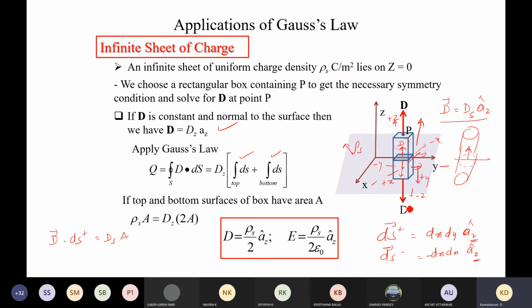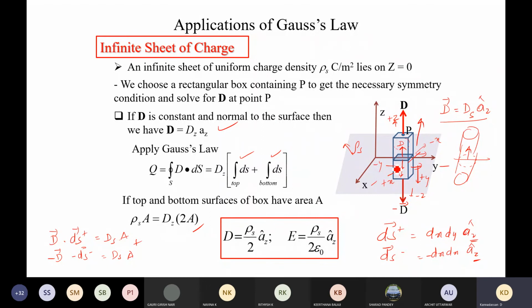In this other direction we will get the negative D vector. So this negative D vector and this negative dS vector give just -1, and this also is going to give D dS. That is the total flux within the given area A. And if you add these 2, you will get 2 times that.